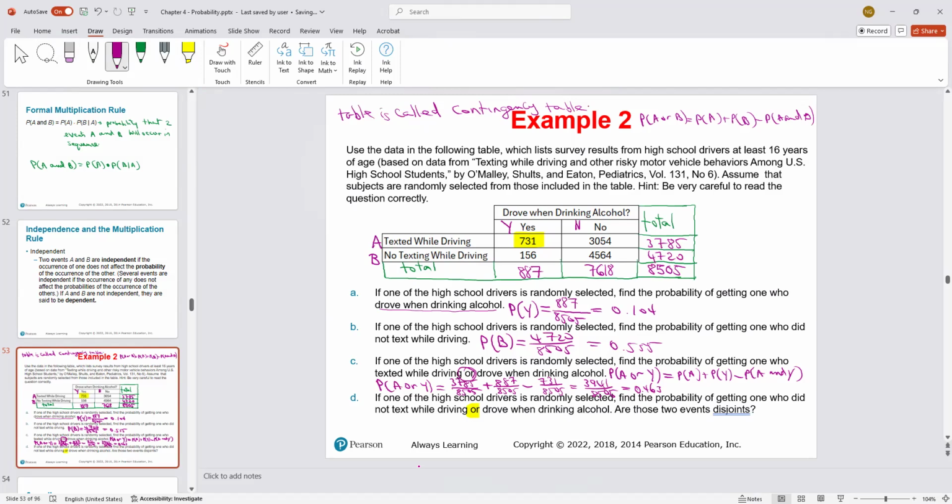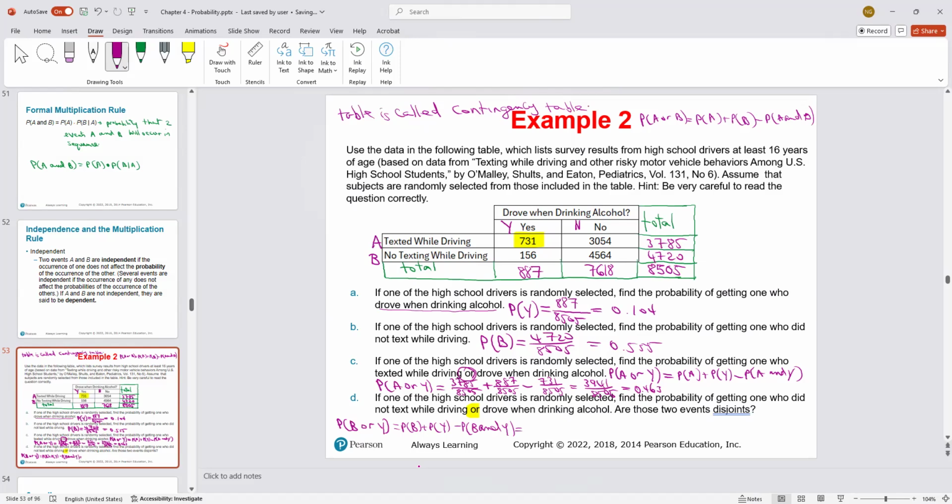Okay, who did not text, so we're going to say probability of B, or drove when drinking alcohol. We said drove when drinking alcohol is another yes, right? We're going to do the same thing: probability of B plus probability of Y minus probability of B and Y. Remember, I simply do it to make it shorter to write AB.